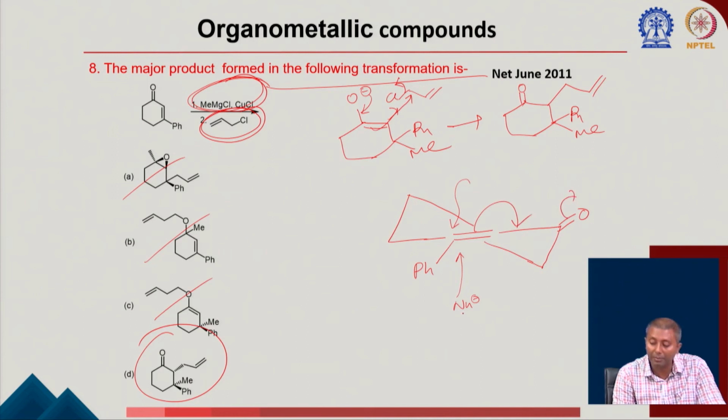If that is happening, let us try to draw it. In this case, what is going to happen, we will have a single bond here, then a double bond here, O minus.